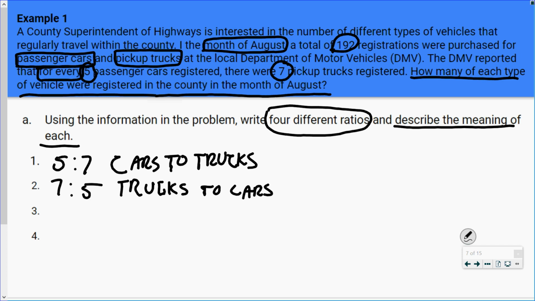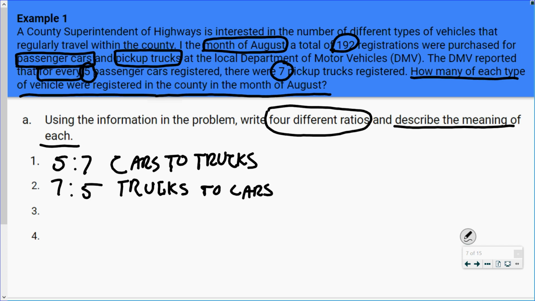So with those numbers right there, 5 and 7 and 7 and 5, if I was to draw a tape diagram, what would my total tape diagram be? If you had 5 blocks on the top, 7 on the bottom, and you added them all together, how much would it be?